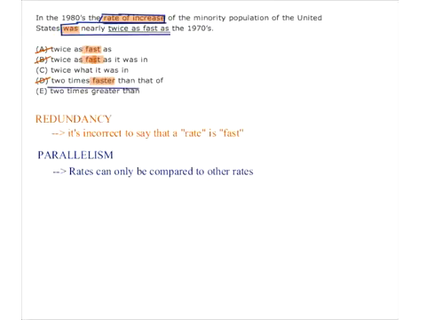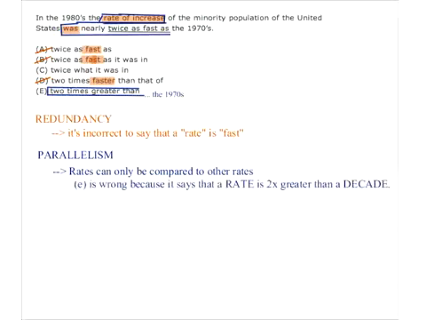So that's 2 times greater than the 1970s. That doesn't make sense. You can't compare a decade to a rate. So E is wrong because it says that a rate is 2 times greater than a decade. That's not parallel.